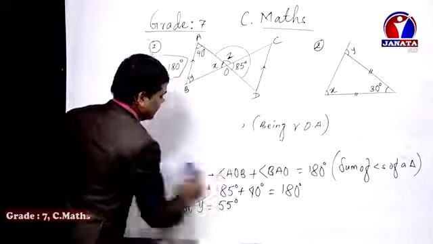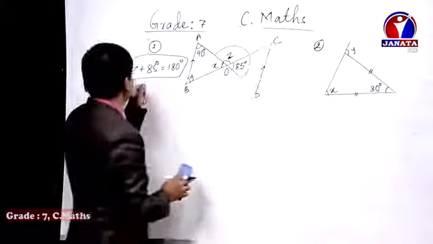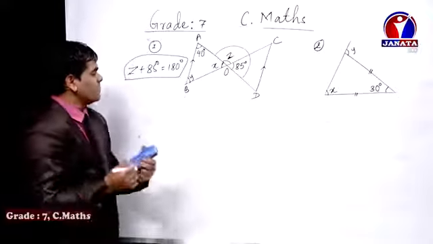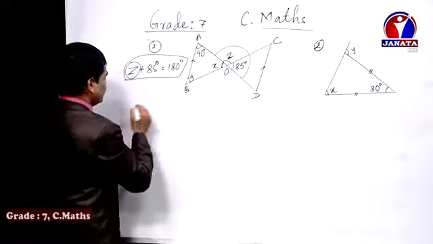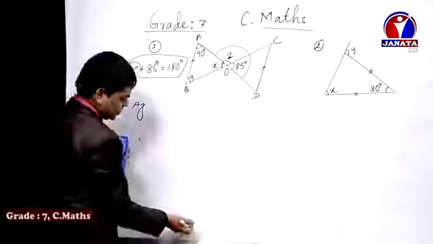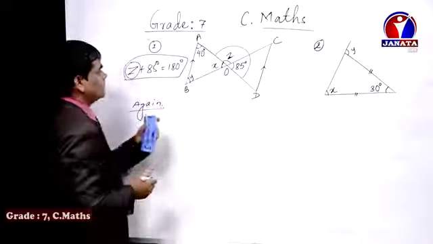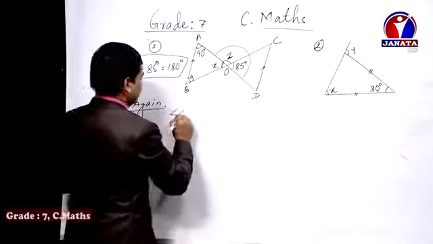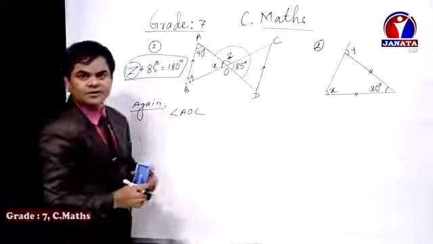Now if we go forward, some people go directly in this way: z plus 85 degrees equals 180 degrees, but I don't feel that is good. First of all, for this z, we have to write the name of this angle in triple letter form: angle AOC. z means angle AOC altogether, isn't it?